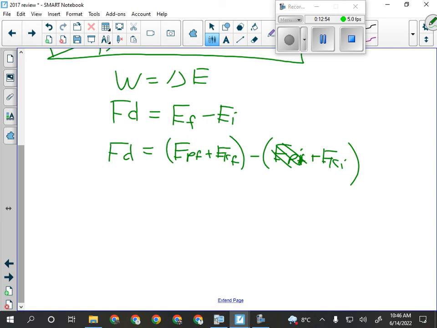All right. So now I know that what I'm looking for, which is the final speed, is part of kinetic energy final. So I need to get this isolated, okay, before I expand out one more time. So I'm going to add EK initial over here. So I'm going to have work plus my initial mechanical energy equals my final mechanical energy.